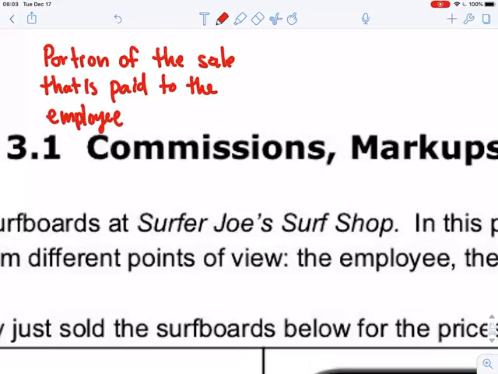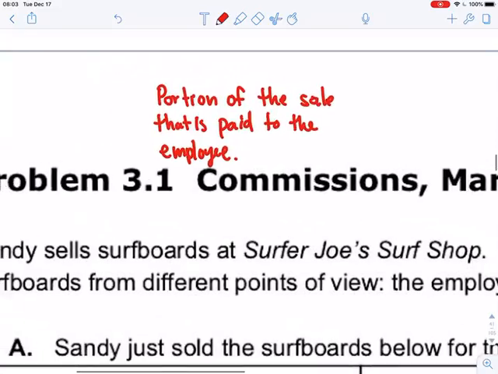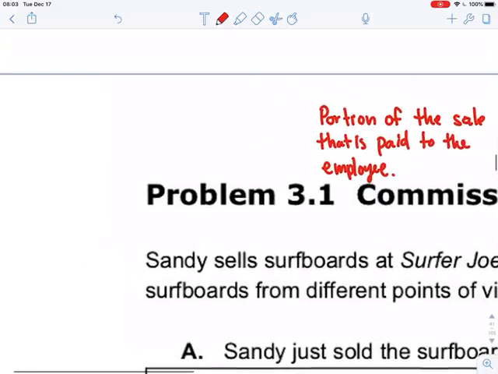Now, some of the more common commissions are large item sales, such as car sales or home sales. They get a commission. For example, let's say you're going to buy a house, and because these are large ticket items, there's a lot of money in this, so the salesperson gets a little bit. So let's say you buy a house for $500,000, which is a cheap house in this neighborhood.